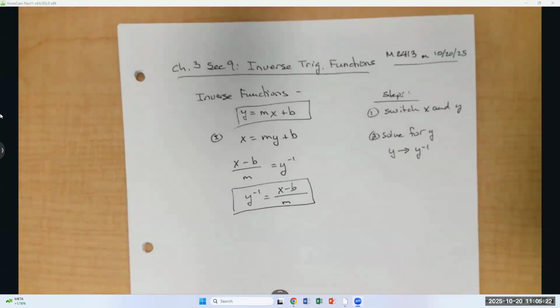Okay, that's just the mechanics of it. So how does an inverse function work?